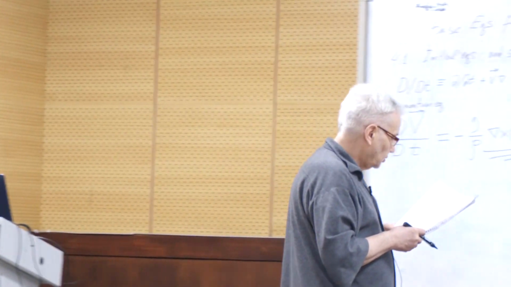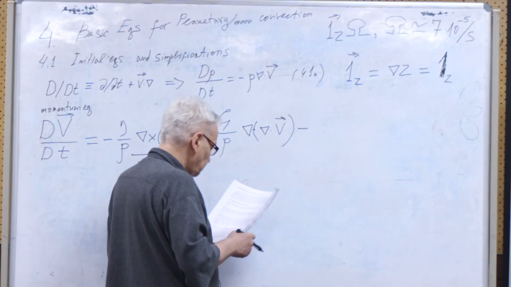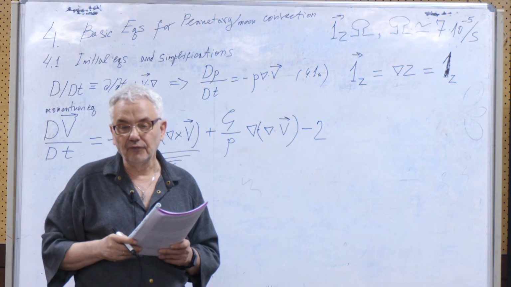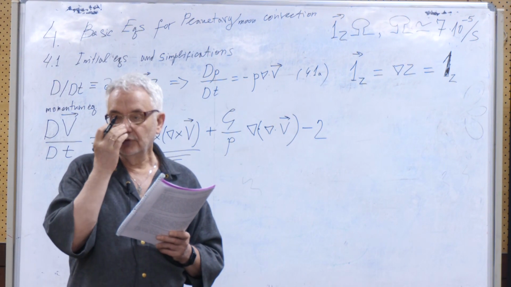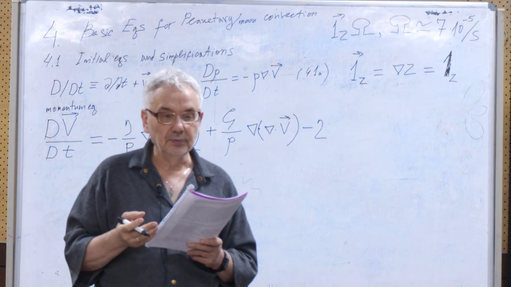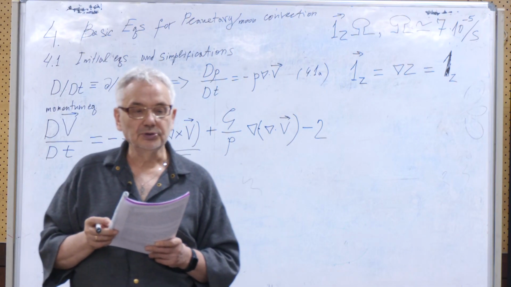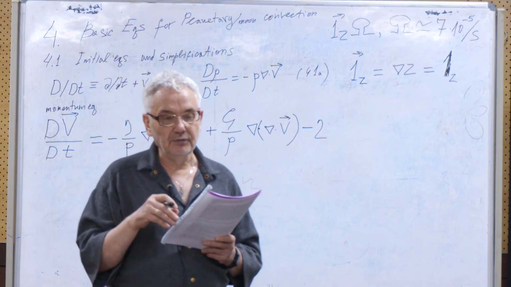So actually we write down this Coriolis force, and it appears very naturally from the point of view that we are in the rotating system. If you remember, we started our course from the rotating system and derived the equation.